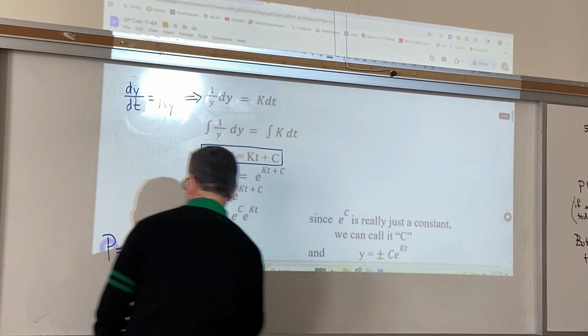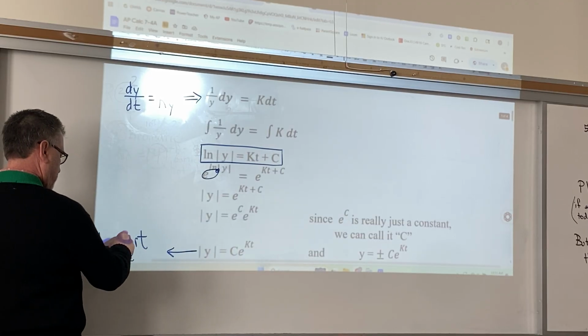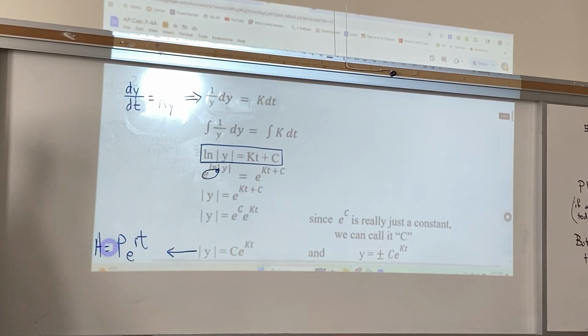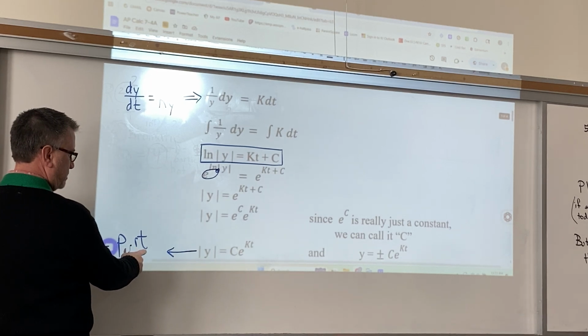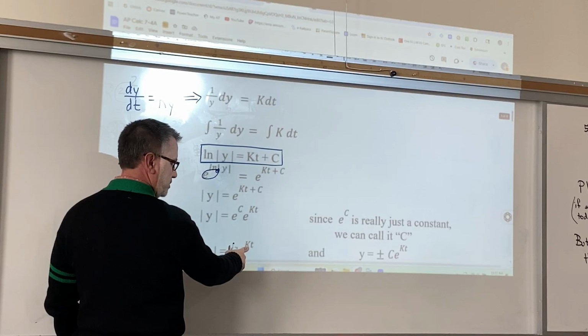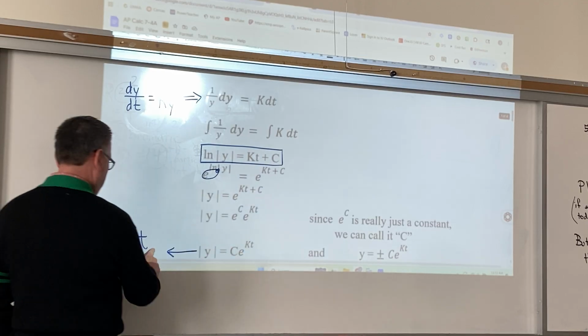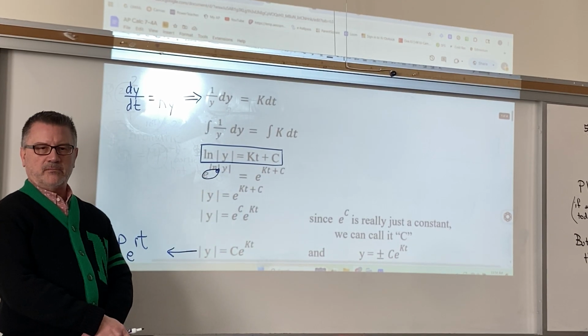Sorry, you saw this, right? Amortized amount equals P. You saw that when you were doing compound interest. This was the rate at which money grows, that was the amount of time. This is the rate at which population is changing, or your money's growing. That's the time. E raised to that. P is principal, so you know what C is? It's the initial amount.